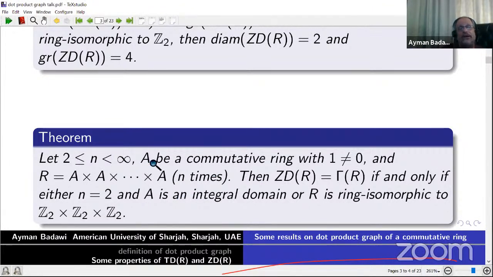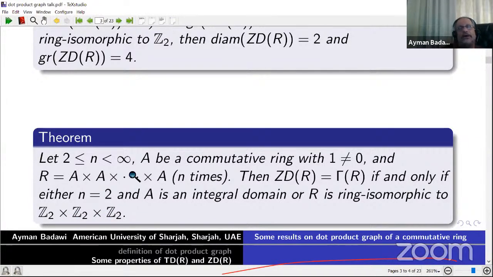If A is a commutative ring with 1, and R is n copies of A, then the zero dot product graph is equal to the classical zero divisor graph if and only if either n equals 2 and A is an integral domain, or R is ring isomorphic to three copies of Z2, Z2 cross Z2 cross Z2.